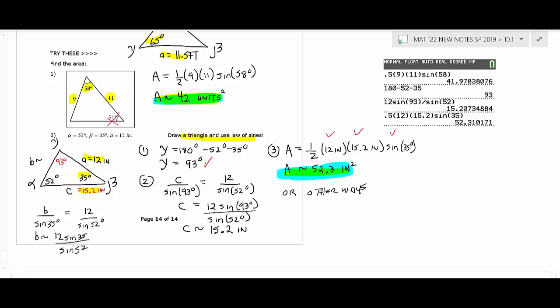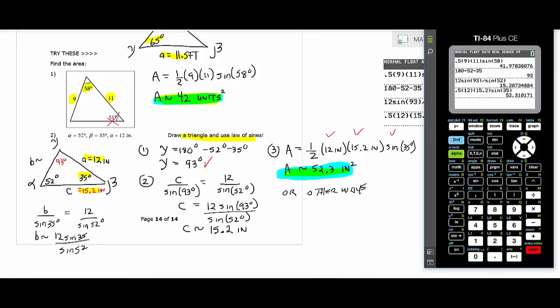I'm going to go ahead and finish it that way in case anybody did it this way. So I'd do 12 sine of 35 and then divide by sine of 52. Okay, and that would give about 8.7.